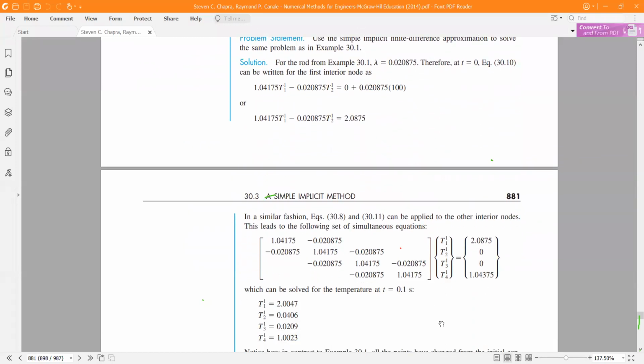Then you see that at each time step, we will have a set of simultaneous equations that you need to solve. This is very similar to what we talked about earlier about solving simultaneous equations using the implicit method.